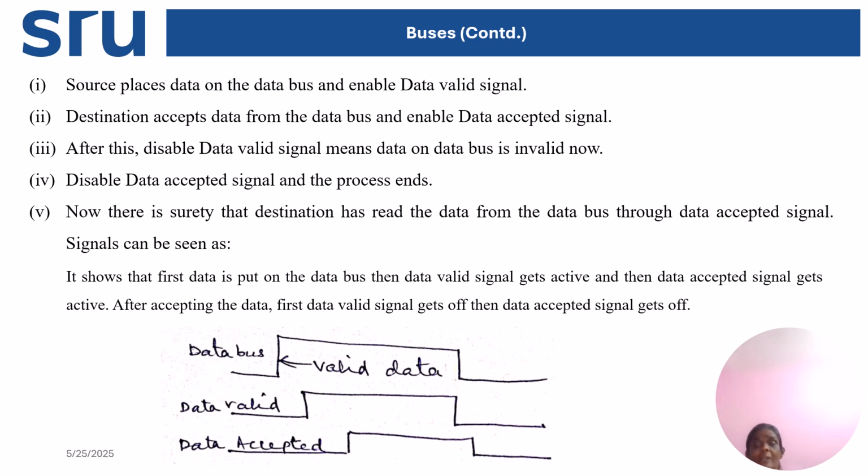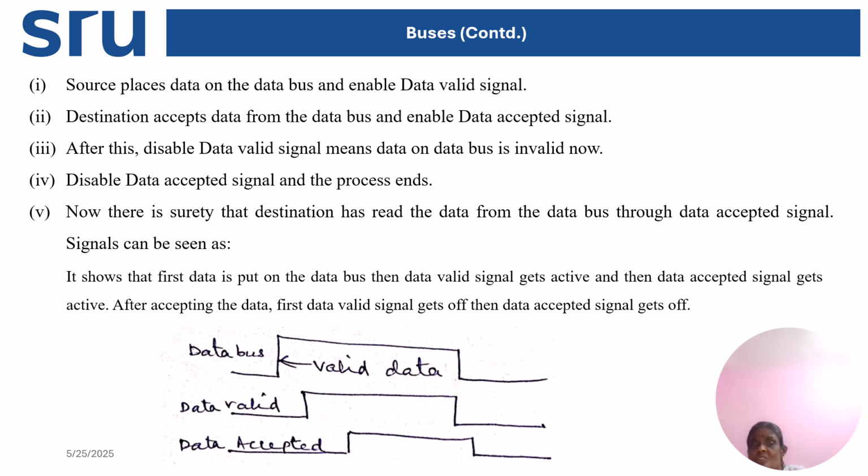Whenever necessary the signal is enabled, and after completion of every work the signal should come down so that it facilitates other operations to continue. That is why these two signals have to come down, from on state to off state.